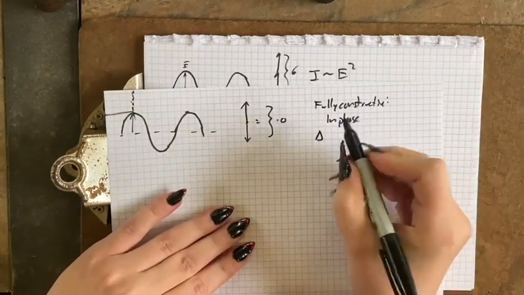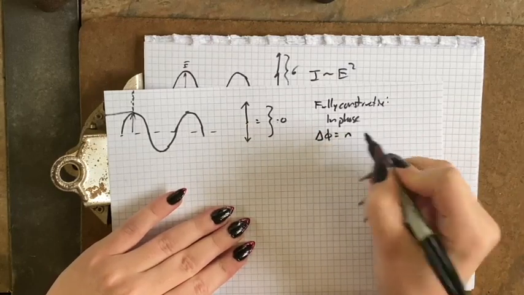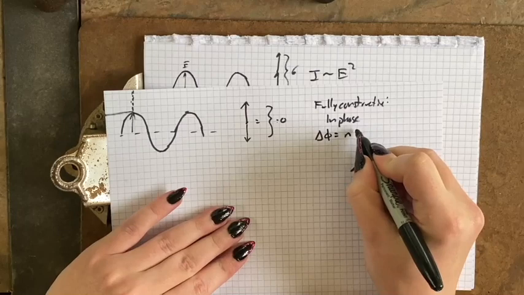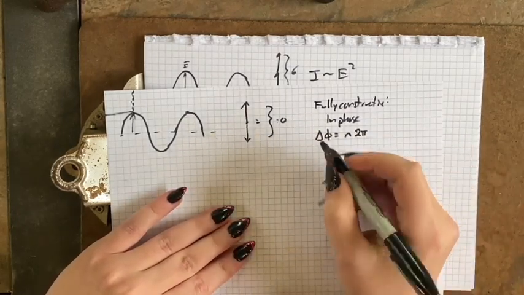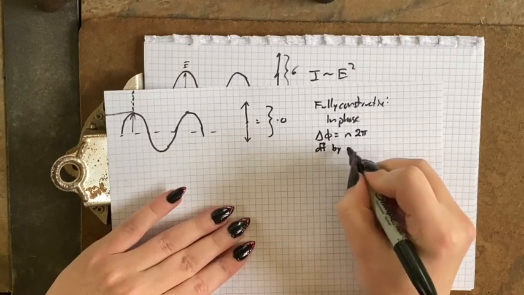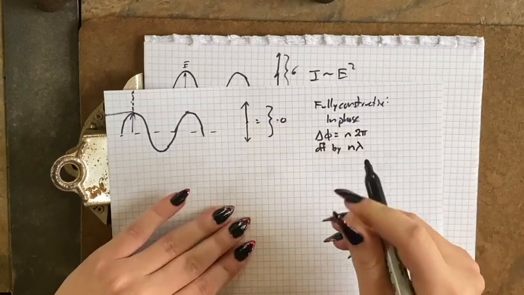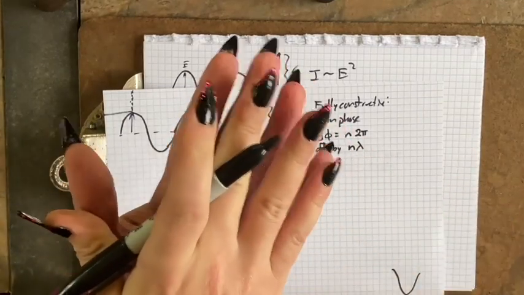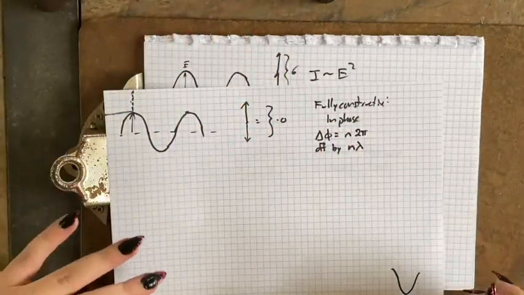That means the change in the phase between the two is some integer number of 2 pi. And what that relates to for us is if they're off by an integer amount of wavelengths, then they fully come out of sync and then back into sync, like that, like that, like that.